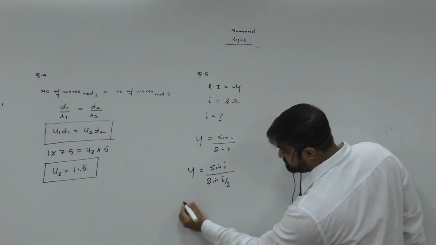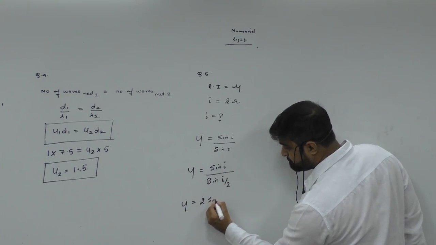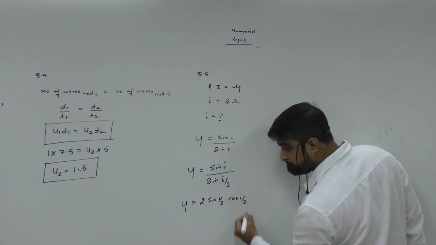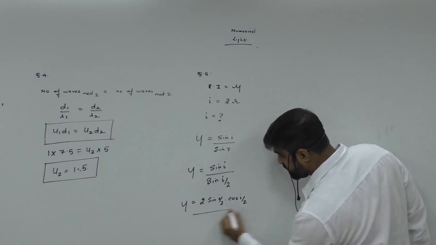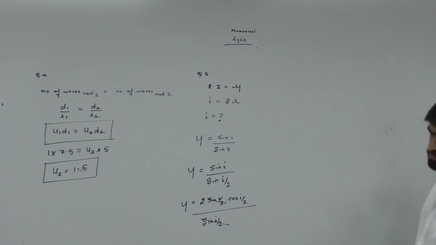Now you know this formula. Sin theta is 2 sin theta by 2 into cos theta by 2 upon sin I by 2. Yes or no? Sin I by 2 will cancel. So ये क्या हो जाएगा भाई?